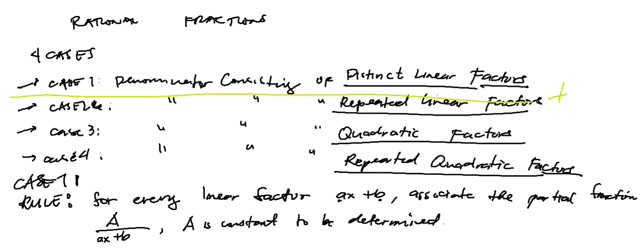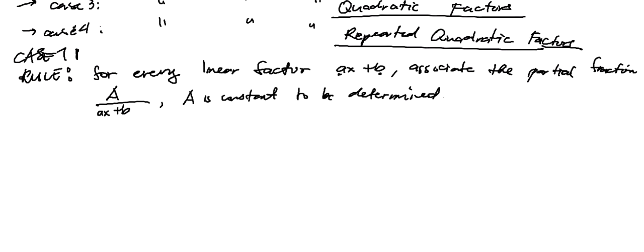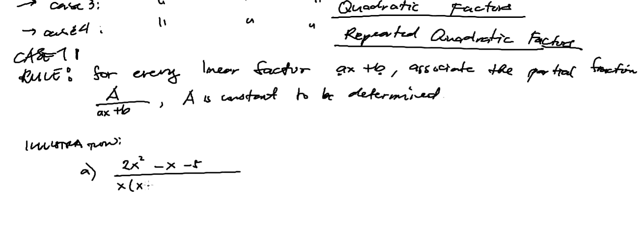Okay, so for illustration, say we are given 2x squared minus x minus 5 all over x times (x minus 1) times (x plus 2).